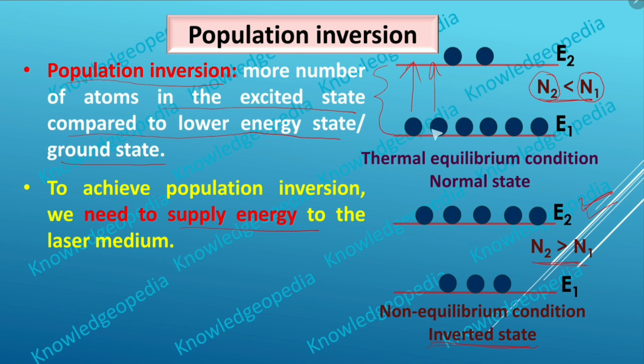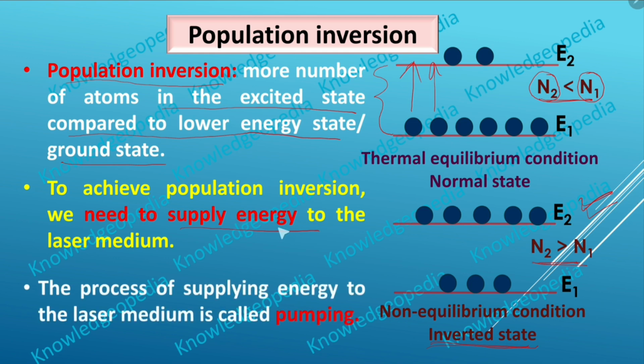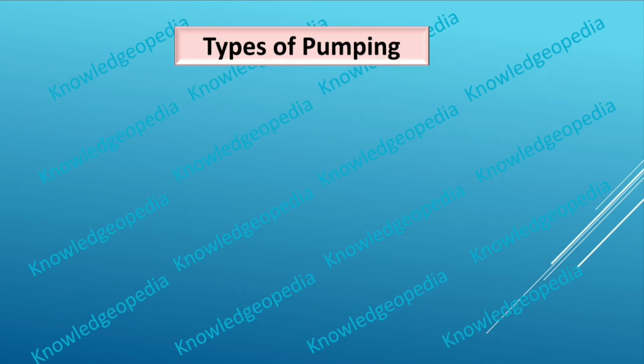If we supply energy, and that energy equals the difference between these two levels, then they will move to the excited state. The method through which we supply this energy is known as pumping. There are different types of pumping.